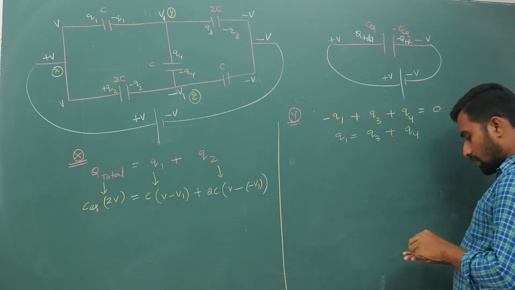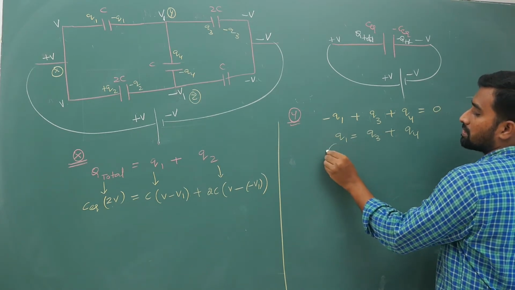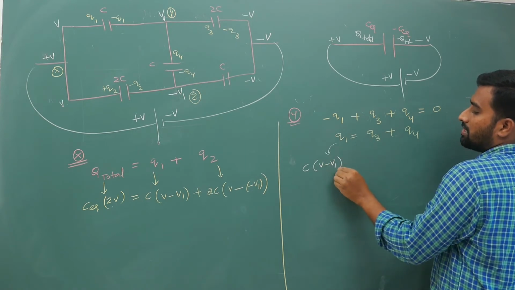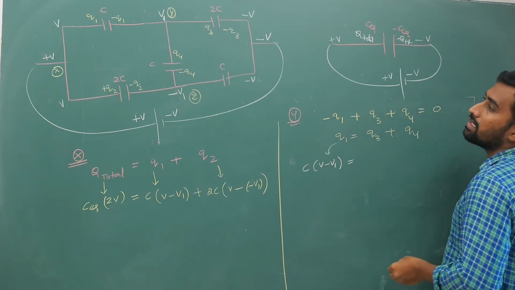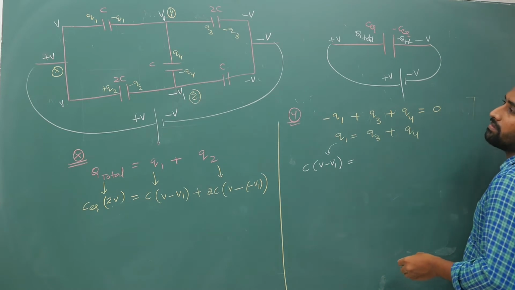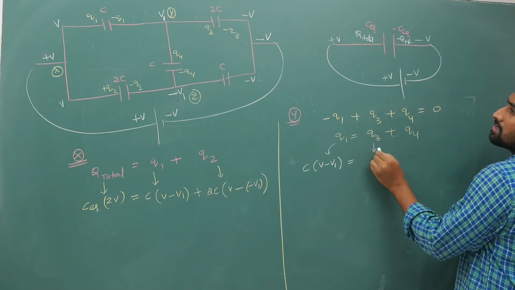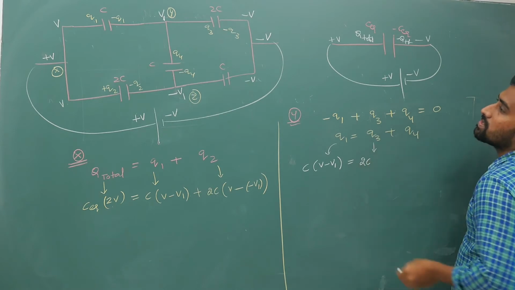Your Q1 is C times (V minus V1), and that is equal to Q3 plus Q4.